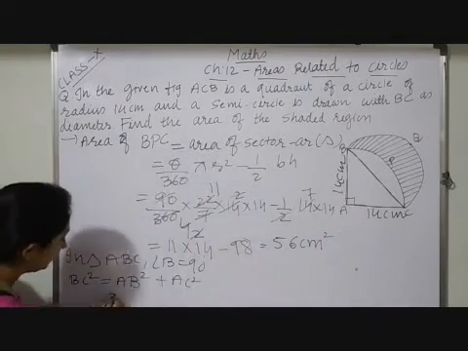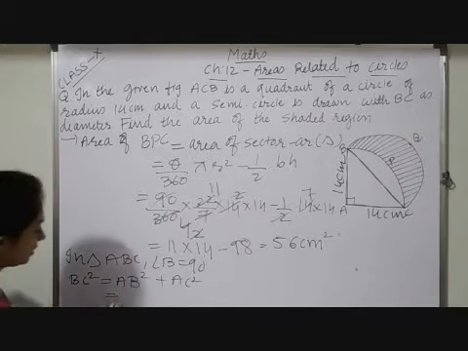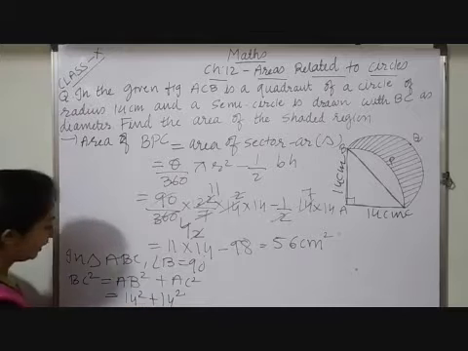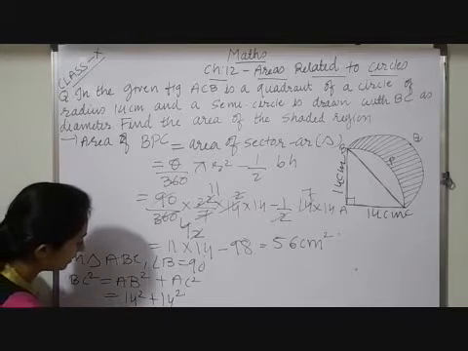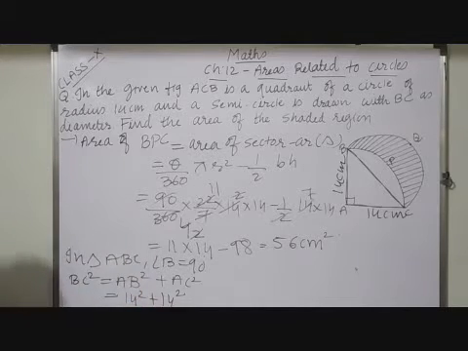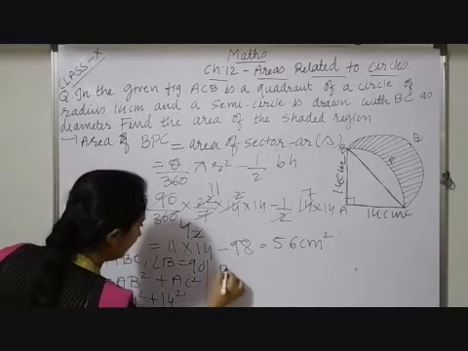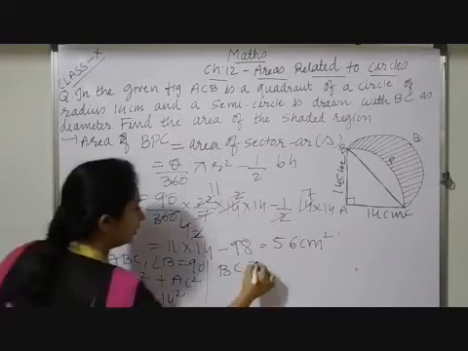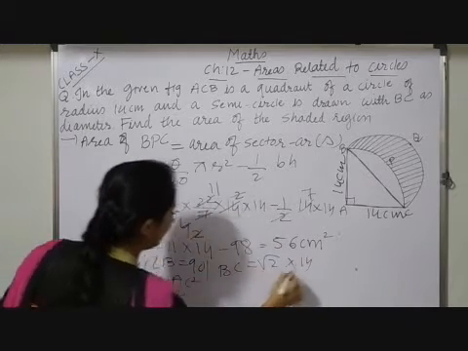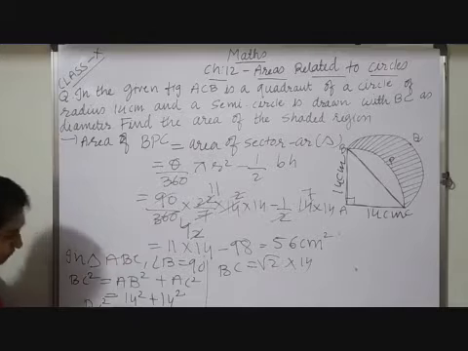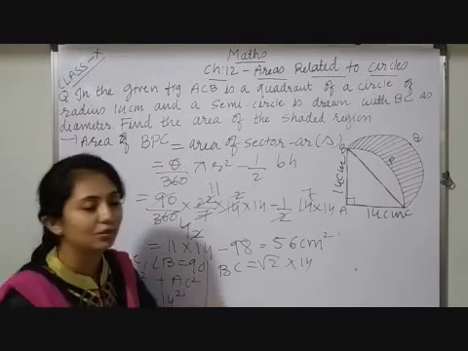So here we will get 14 square plus 14 square. So 14 into 14, that is 2 times 14 square. Observe children, that is BC square. So here your BC will be root 2 into 14, the square and root cancel out, and 2 will be in a root. So this is the length of BC.